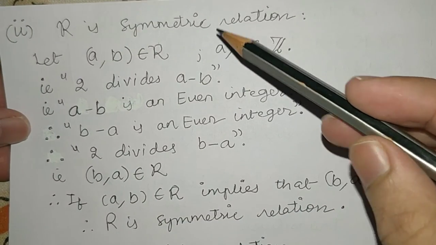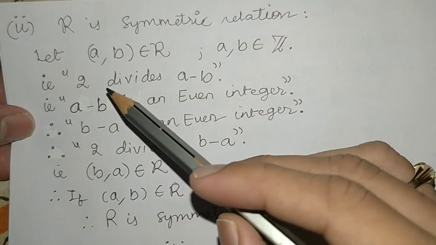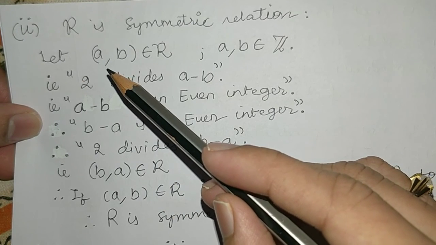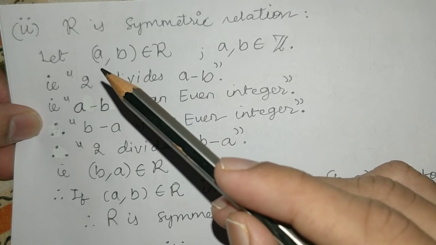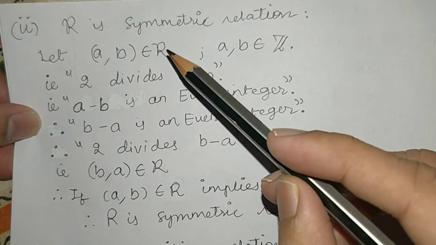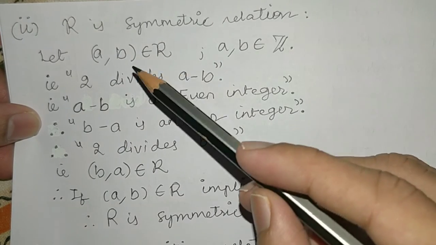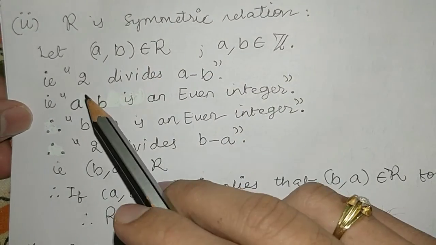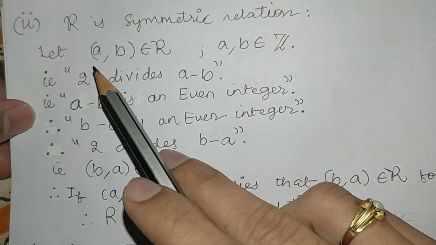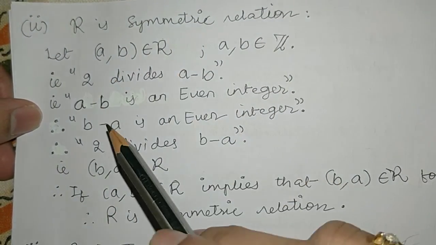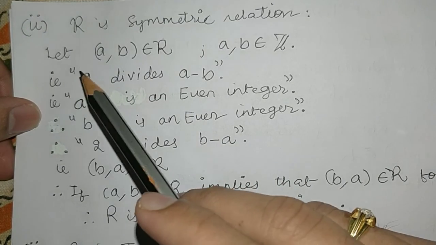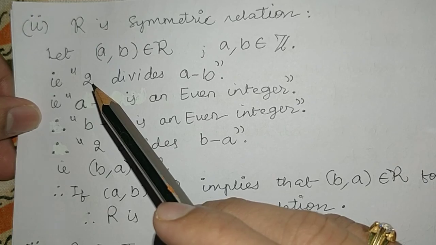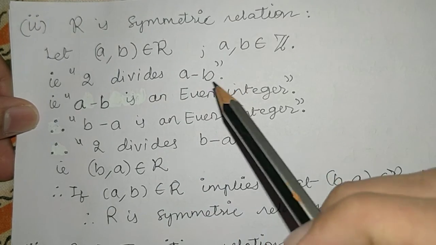Now for a symmetric relation, what we have to prove is that if a comma b belongs to R, then b comma a should belong to R, right? So we have to take a comma b belongs to R first. If a comma b belongs to R, that is by the condition, 2 divides a minus b, right?